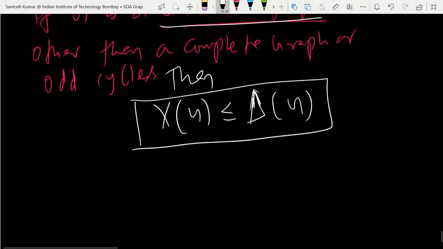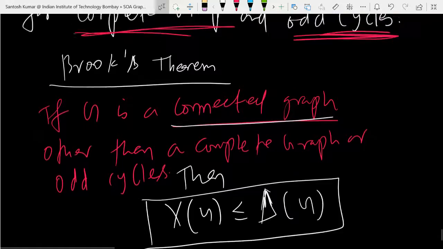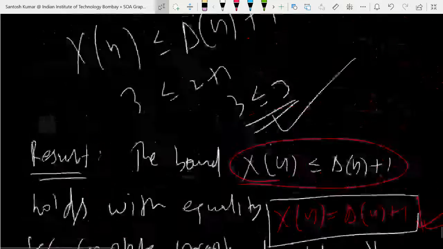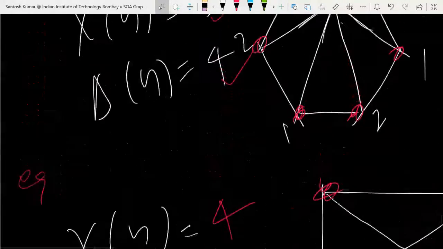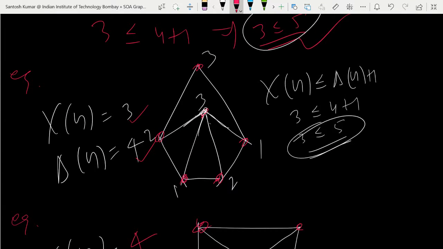For example, we had this example. Do you see it is a complete graph? No, right? If I name it AB, then AB has no edge.